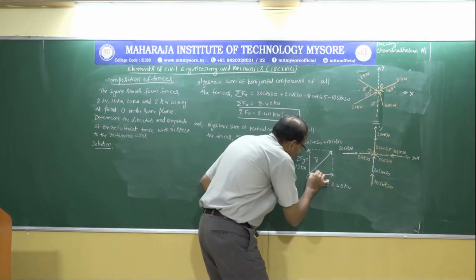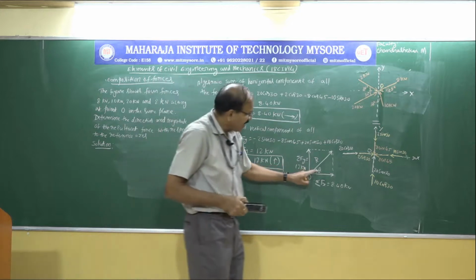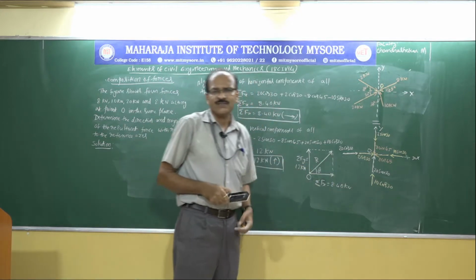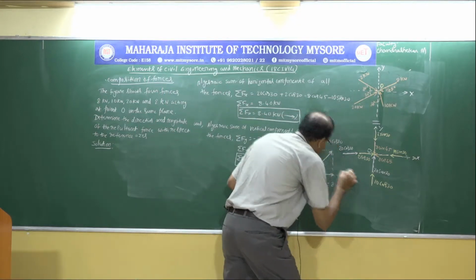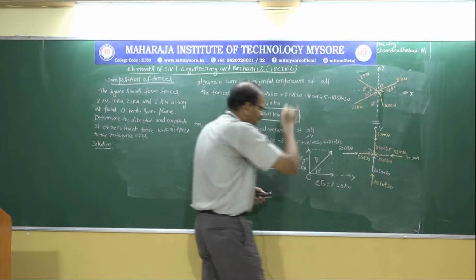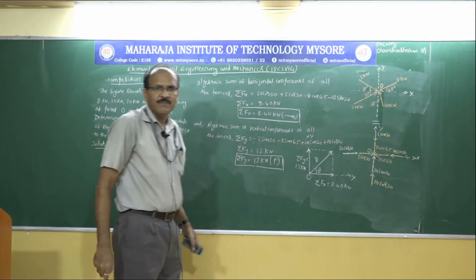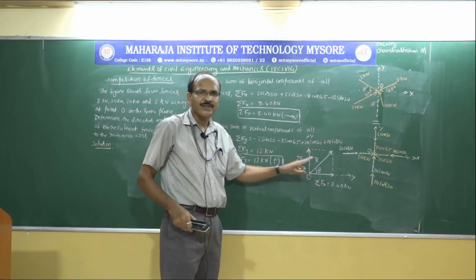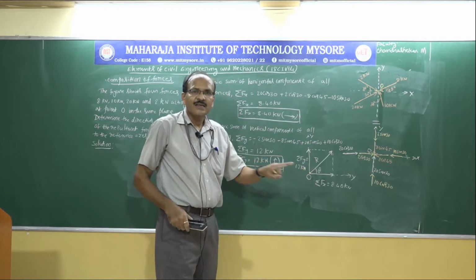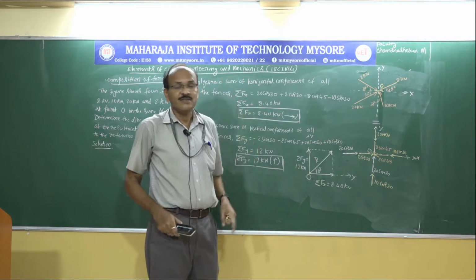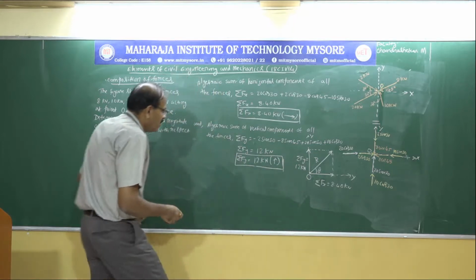Let theta or alpha, whatever angle, be the angle the resultant makes with respect to the x-axis. That is, this is x-axis, this is y-axis. So we need to find out theta as well. When you find out R, that gives the value of the resultant, and when you find out theta, that gives the position of the resultant with respect to the point O. So let us find out.